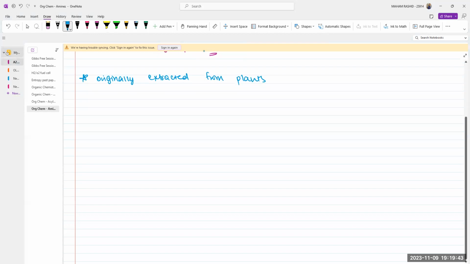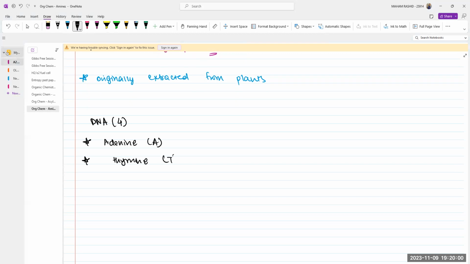And these are some examples. इसमें से you need to learn these 4 DNA के examples, ठीक है? इसमें से the first one is adenine, thymine, cytosine. These are examples of amines, ठीक है?